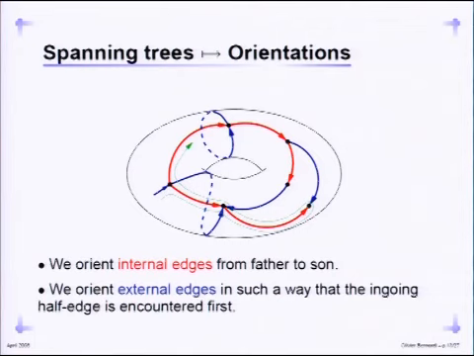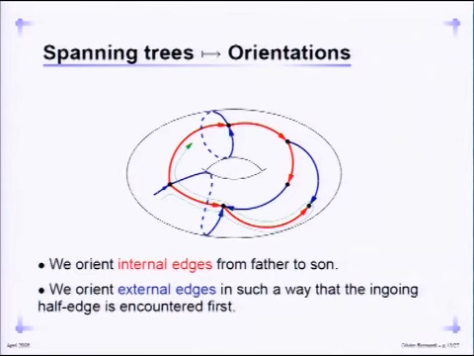So my tree is oriented from the root to the leaves. And the external edges, the edges not in the tree, are oriented in such a way that the ingoing half edge is encountered before the outgoing half edge. So for instance, if I take these external edges, around the tree I first encounter this ingoing half edge before the outgoing half edge. So this is the definition.